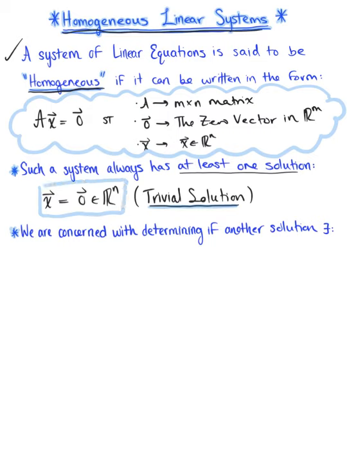So for a homogeneous equation, matrix A times vector x equals the zero vector, the question we're going to be concerned with is determining whether or not this homogeneous equation has another solution. So we are going to be asking ourselves, does a non-trivial solution exist? So does a non-trivial solution exist for our homogeneous equation?